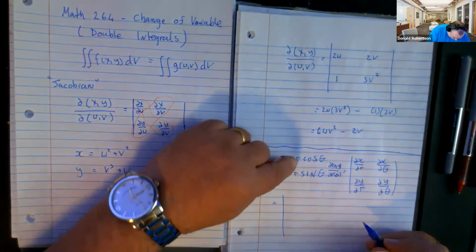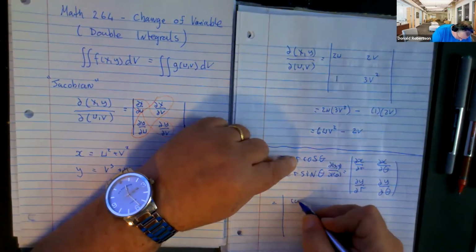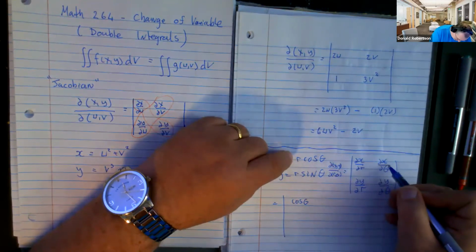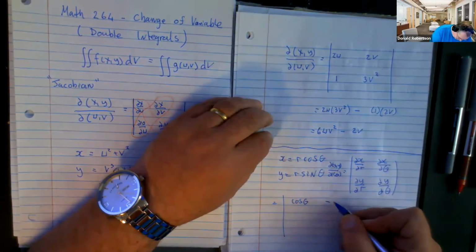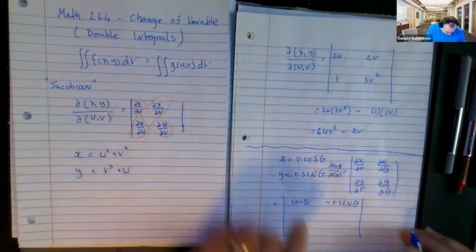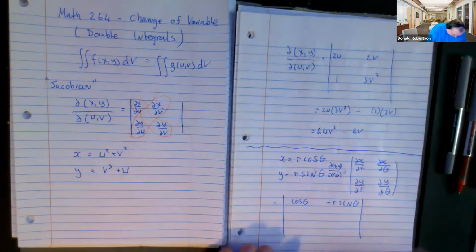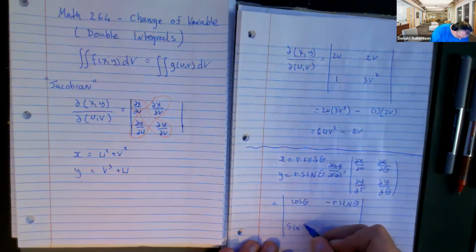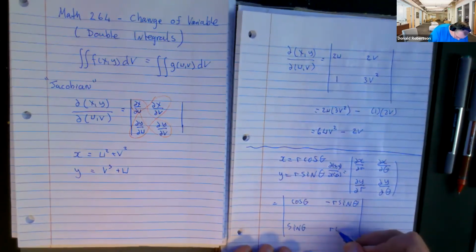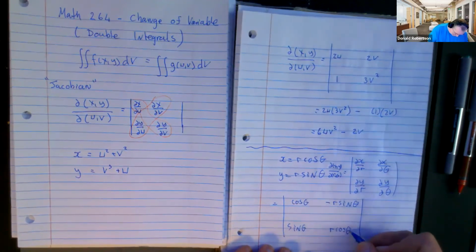If you differentiate this with respect to r, you get cosine theta. And if you differentiate it with respect to theta, you get negative r sine theta. And if you differentiate this with respect to r, you get sine theta. And if you differentiate this with respect to theta, you get r cosine theta.